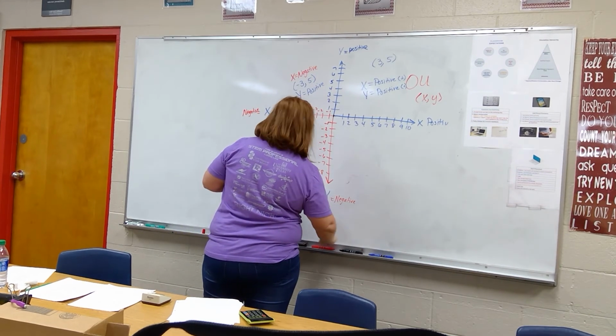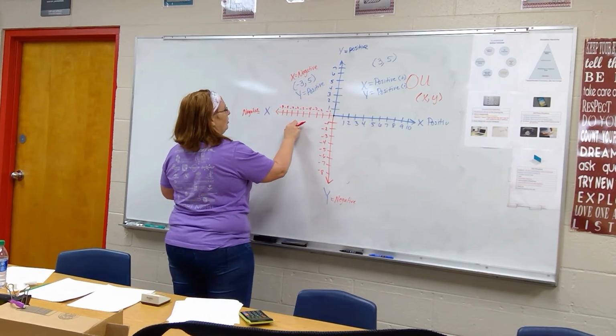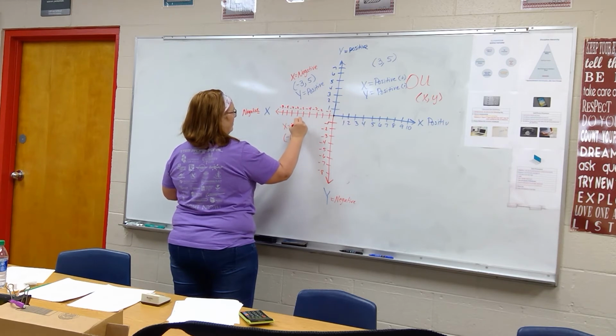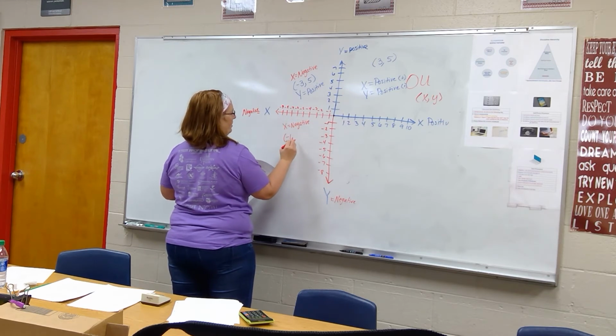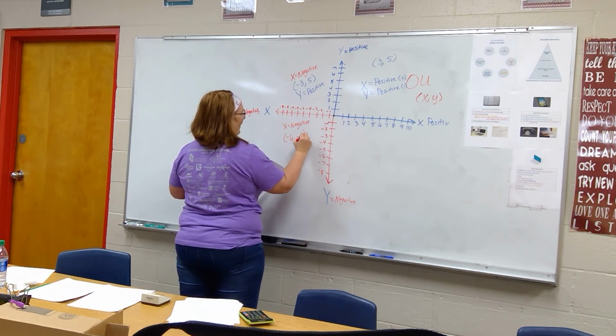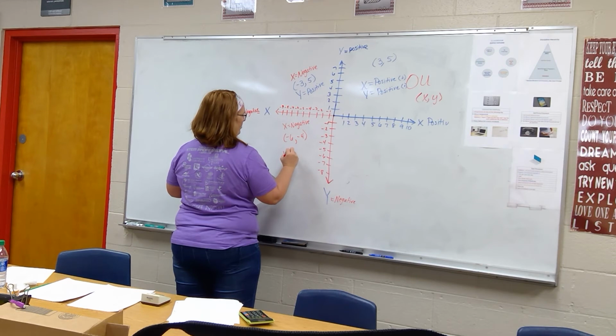If I go over here, go over to negative 6, my x is going to be negative, because that's the first number that you write down, comma. If I go down to 4, it's a negative, so my y's are also negative.